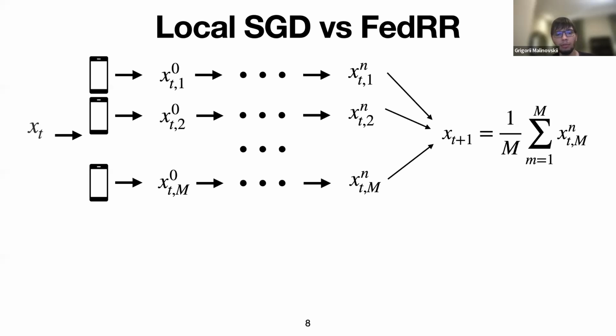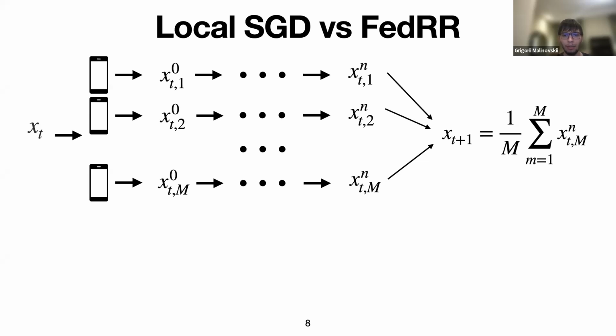In other words, each client does a local epoch before aggregation, a full pass through the dataset. Of course, we can do early stopping, or we can do several epochs, and we can generalize our analysis to this setting. But for simplicity, let us assume that the number of local steps is equal to the number of local data points.